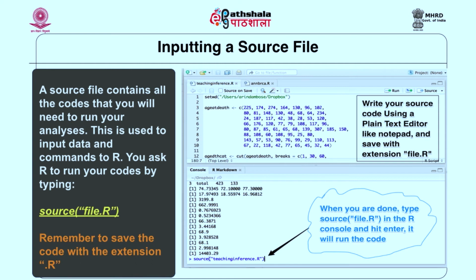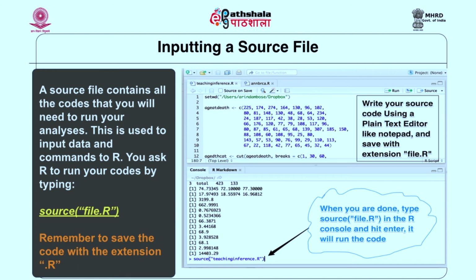One of the other concepts of working with R is that you need to specify a working directory right in the beginning. In one particular directory, you put all your data and all your codes. That's a very, very good practice, because then when you type source and the file name, R is going to execute that command, and you will not get into any kind of errors.